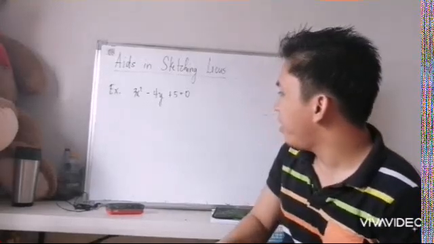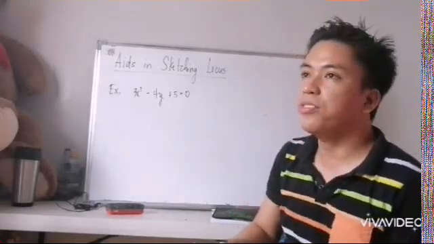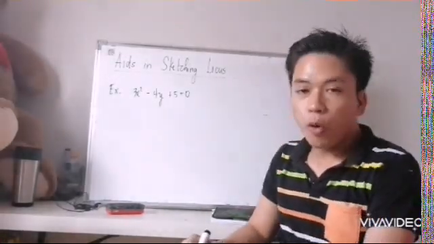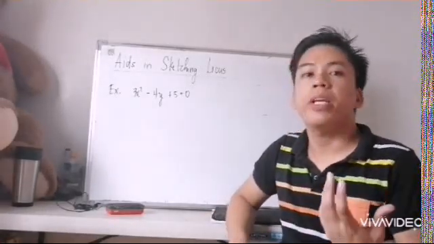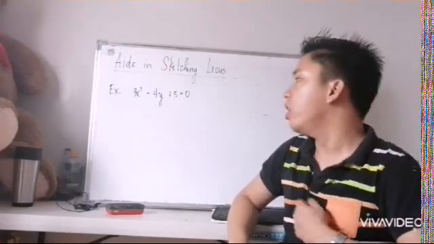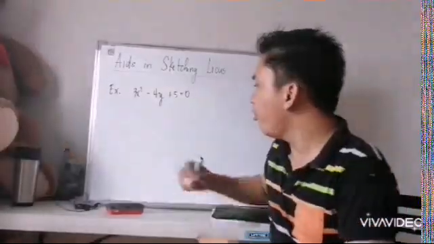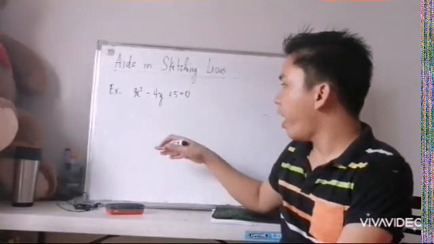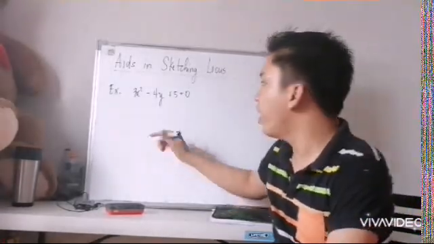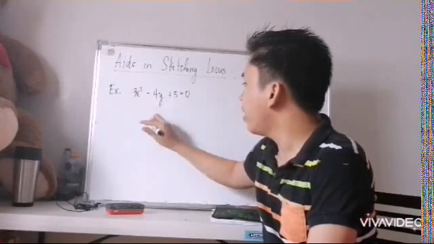So our example is the locus 3x squared minus 4y plus 5 equals 0. How do we solve the domain and the range for that equation? To solve for the domain, again, let's solve for y in terms of x. Let's isolate this.